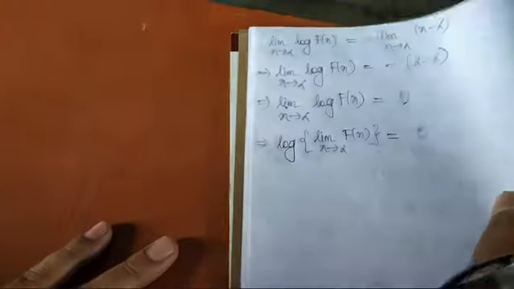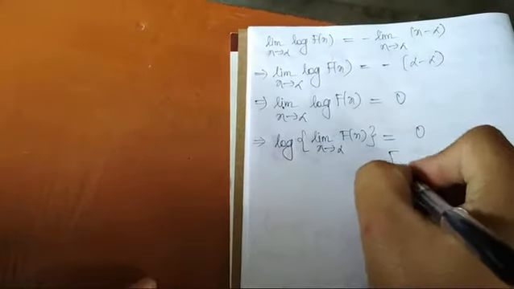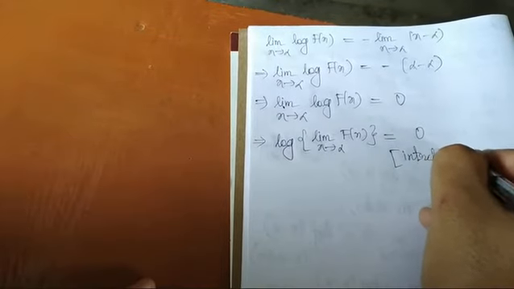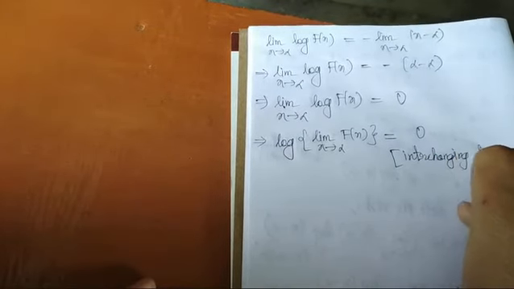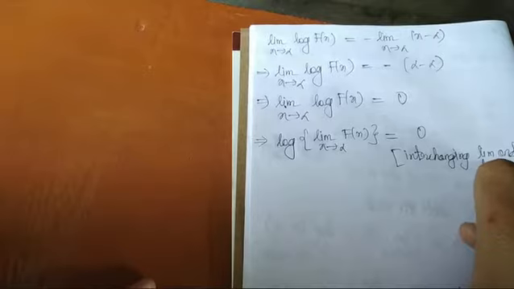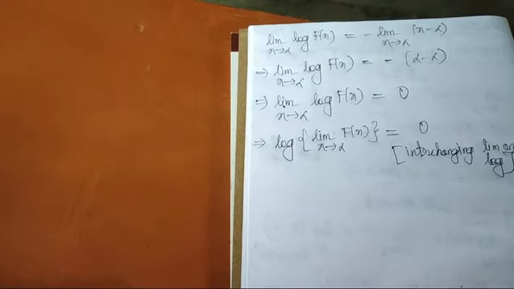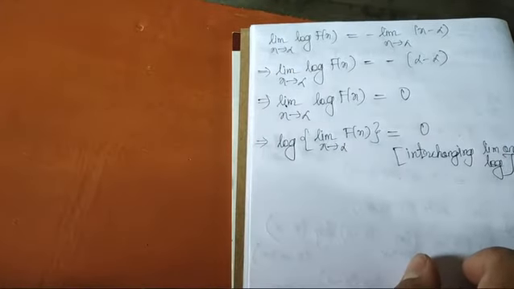Now so therefore you have to write down interchanging limit and log. The same thing you'll be getting in your examples also. If you see the examples, we can always interchange limit and log, so not a problem for us.